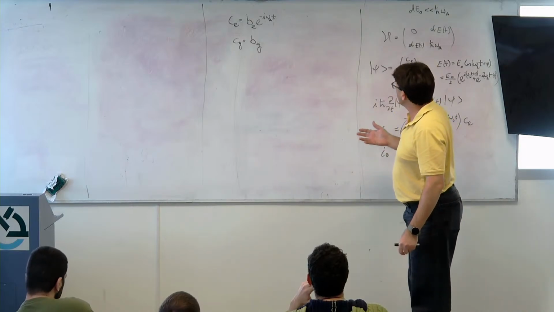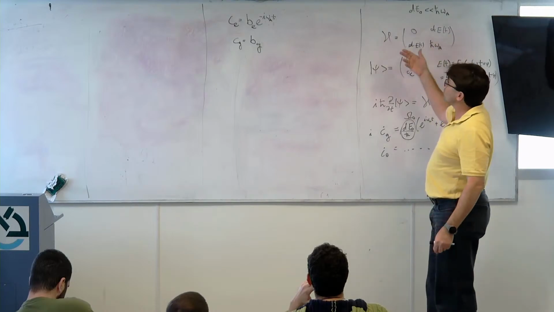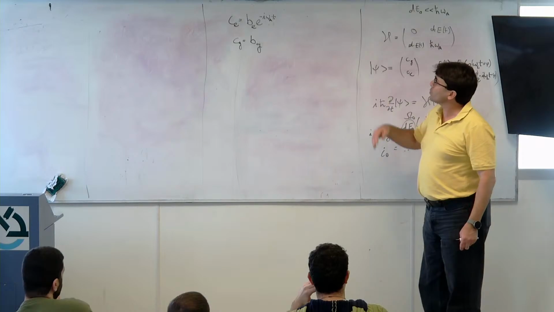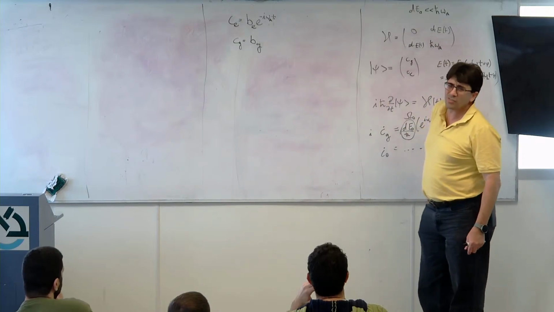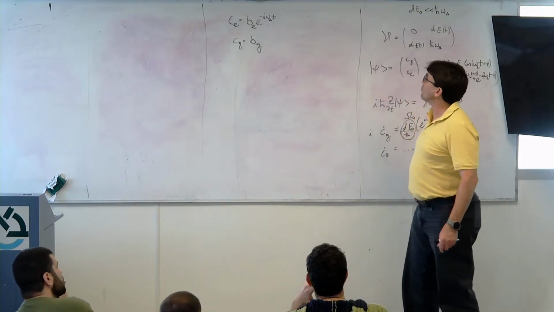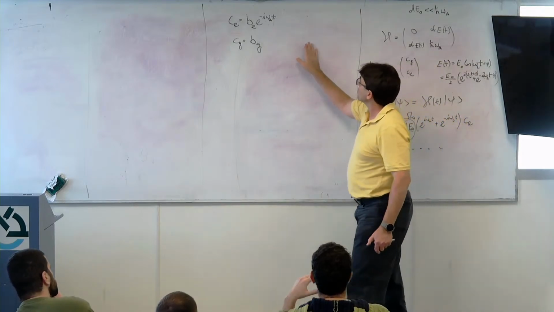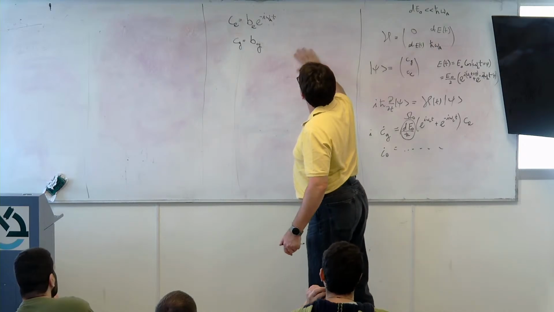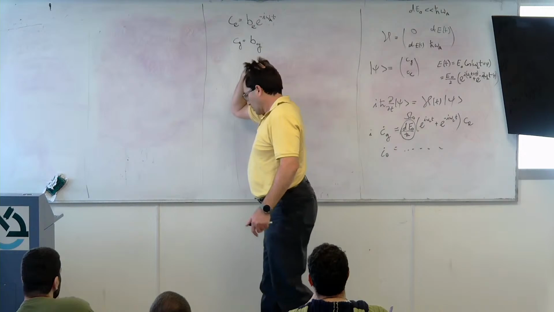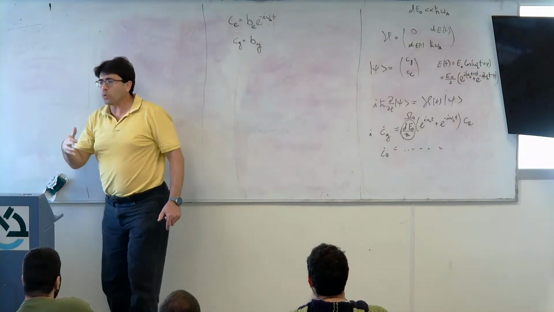But as I told you, look, omega atom and omega laser, we assume that they're close. And we know that using the laser frequency actually makes things easier. Because if I choose the atomic frequency, why would I do that?